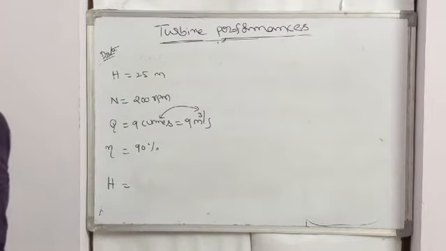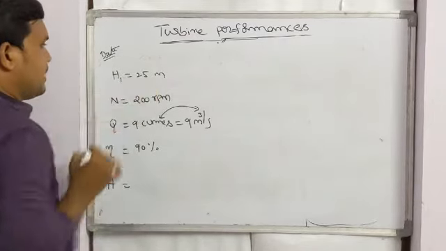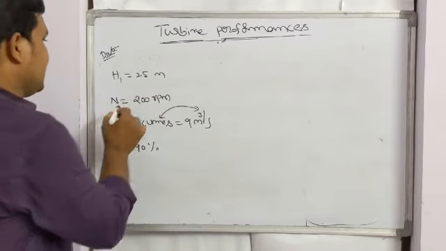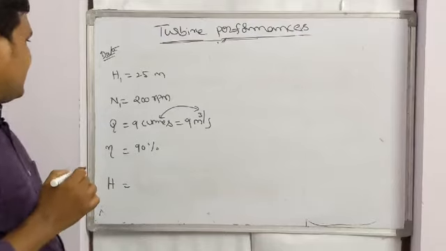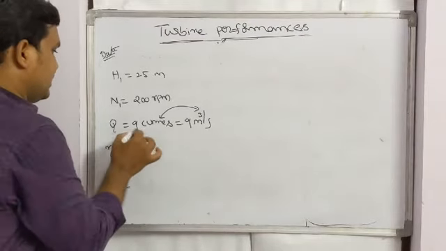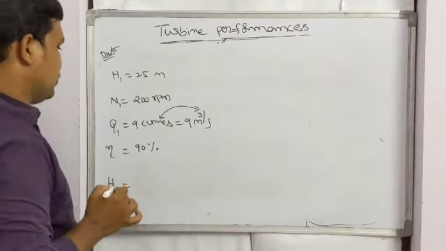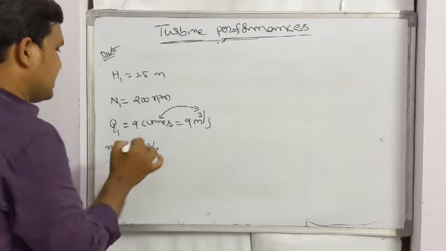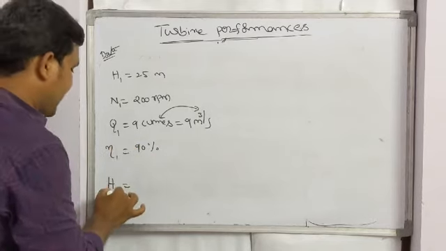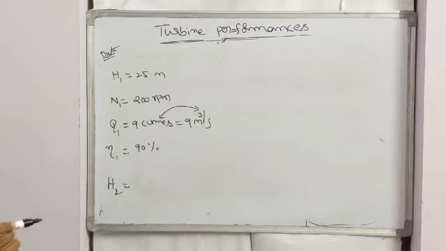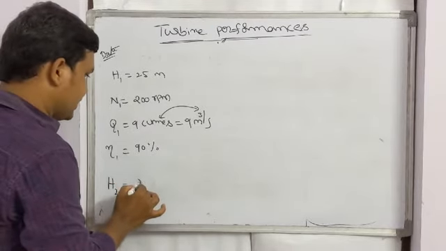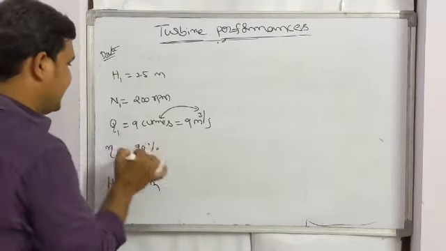Head on the turbine is given. So for H1 at 25 meter, this is the first case. It's developing 200 revolutions, it requires Q1 as 9 cumecs, and it produces efficiency eta1 as 90%. If the head available is 20 meter, this means the head decreases.